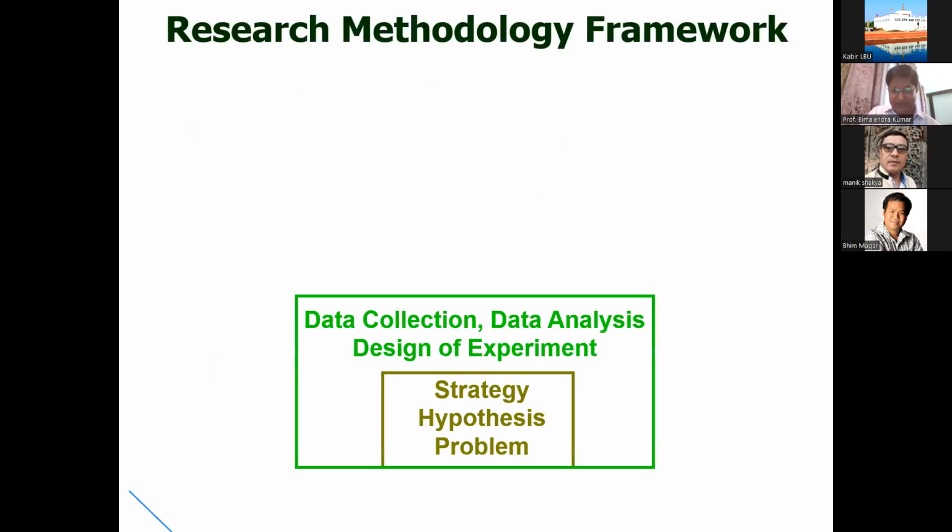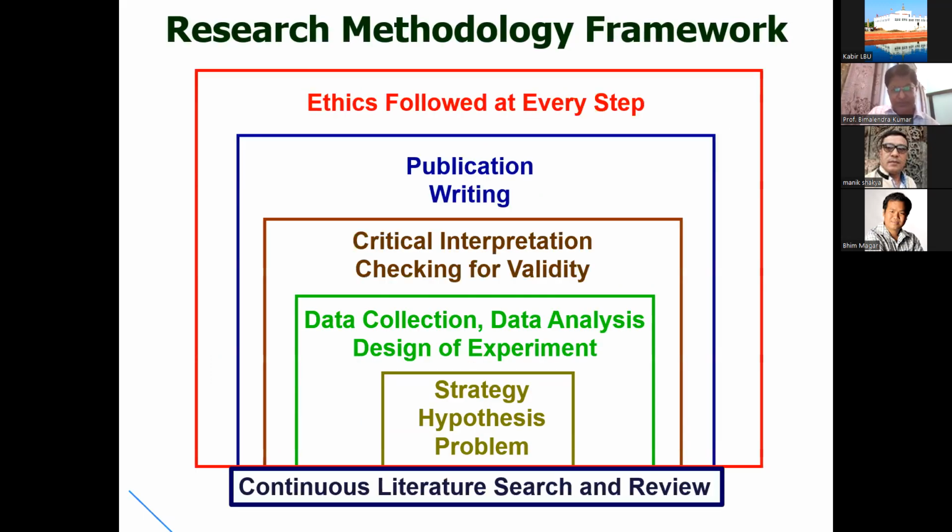Again, we are talking about the research methodology framework. Now, how can research be processed, how can a research scholar who is thinking to do research start? There are several stages through which research can be processed or undertaken.